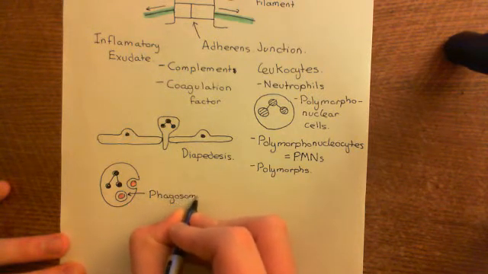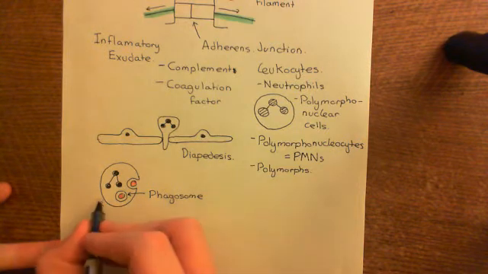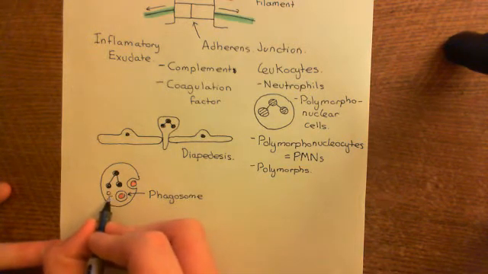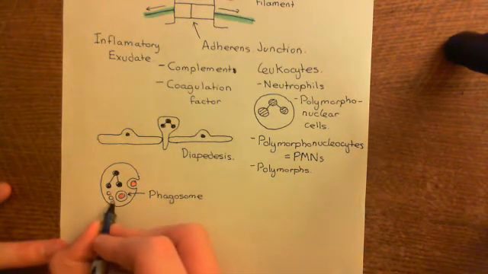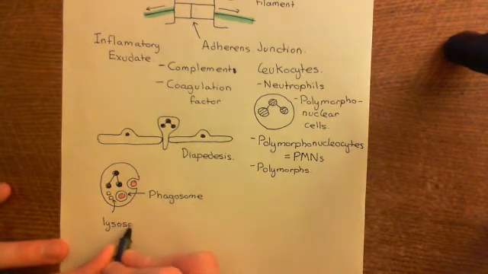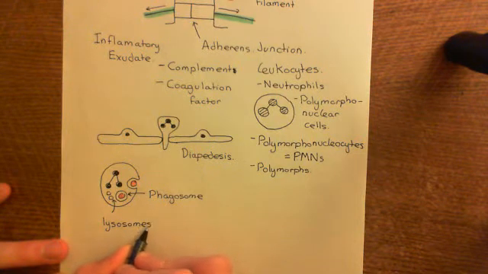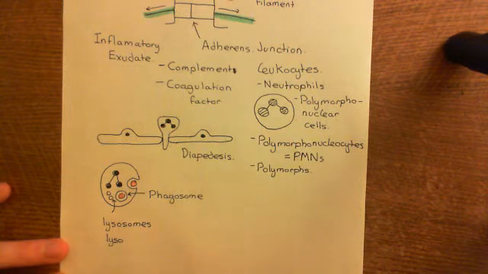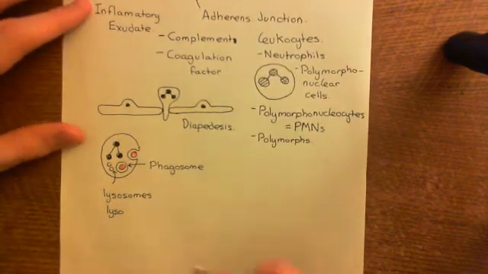Then you'll have other little vesicles here, which are known as lysosomes. These lysosomes are full of enzymes known as lysozymes. Let me just move this up a little bit.